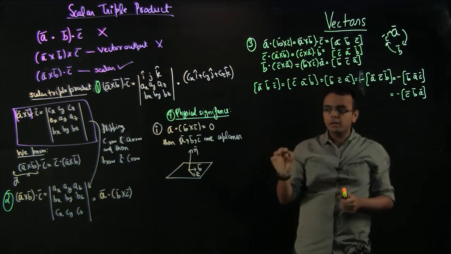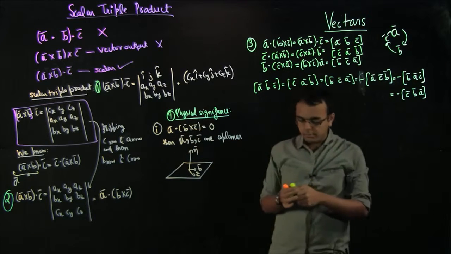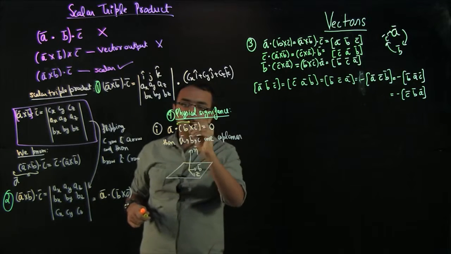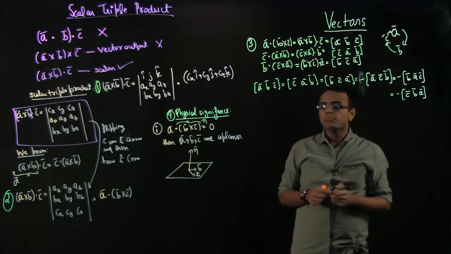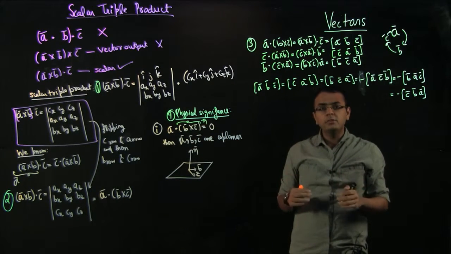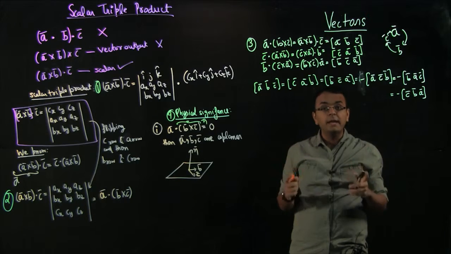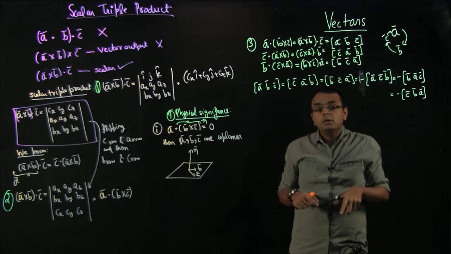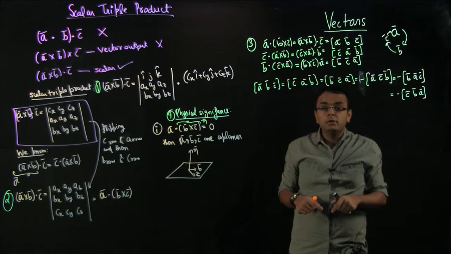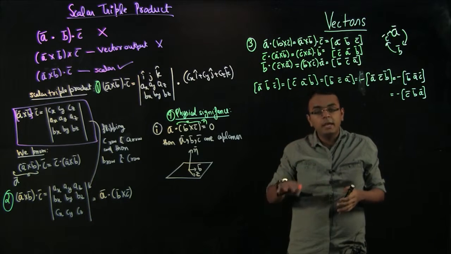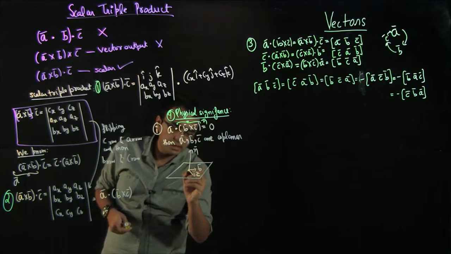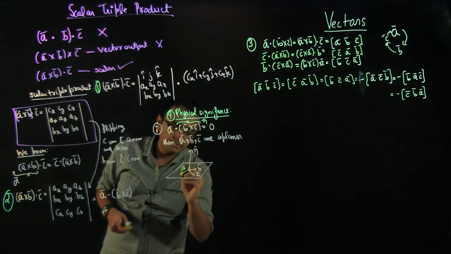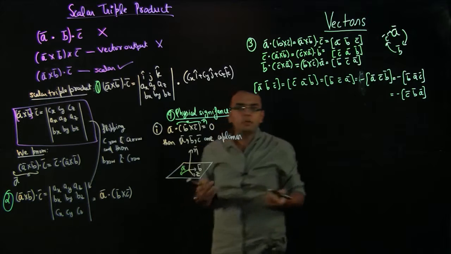Now A dot n, because B cross C is n, A dot n is 0. What does this mean? That A and n are perpendicular now. So if A and n are perpendicular, then A has to lie in the plane of B and C. So this means that A has to lie in the plane of B and C, or A, B, C are coplanar.